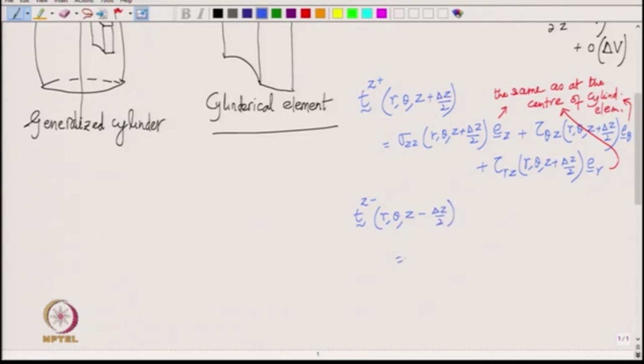right, and all the traction components have to point in the negative direction here, because it is the minus z plane.